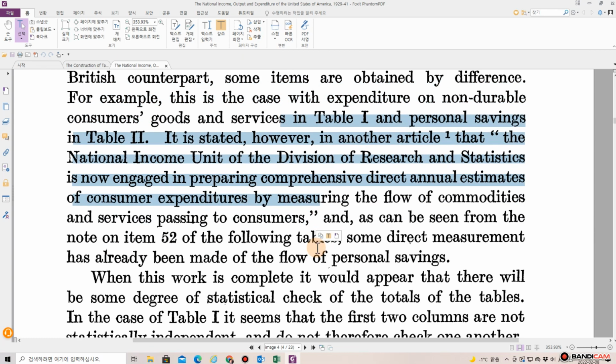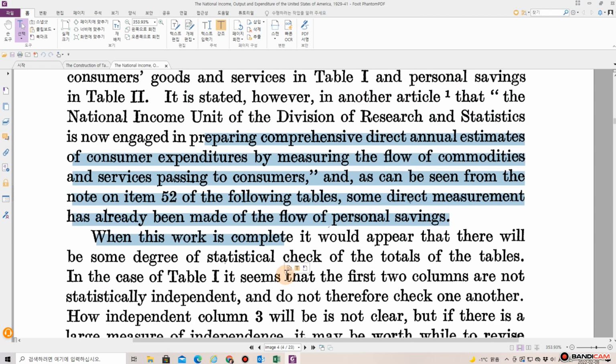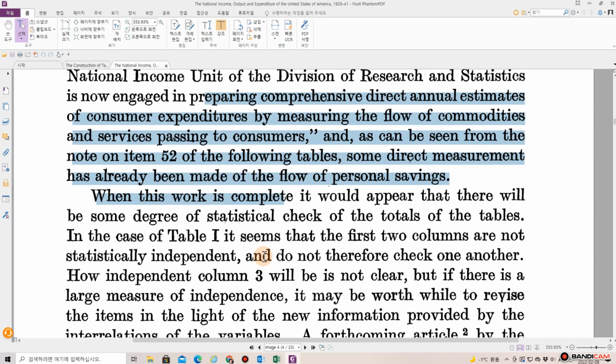It is stated, however, in another article that the National Income Unit of the Division of Research and Statistics is now engaged in preparing comprehensive direct annual estimates of consumer expenditures by measuring the flow of commodities and services passing to consumers, as can be seen from the note on item 52 of the following tables. Some direct measurement has already been made of the flow of personal savings.